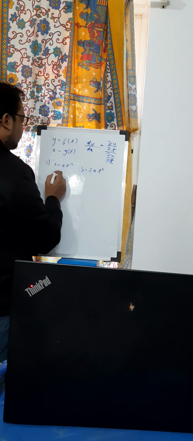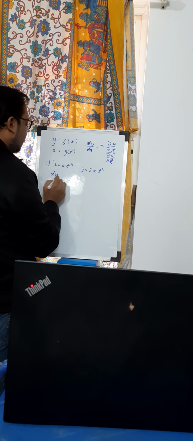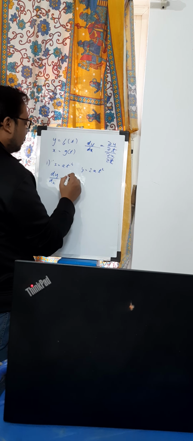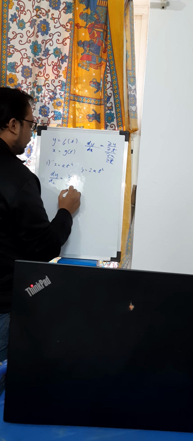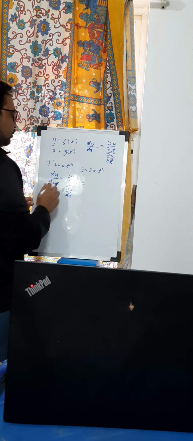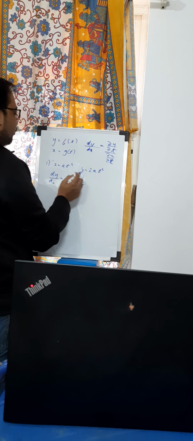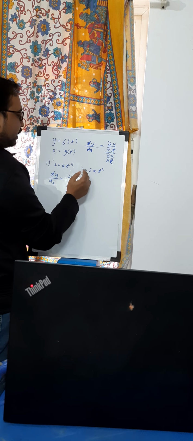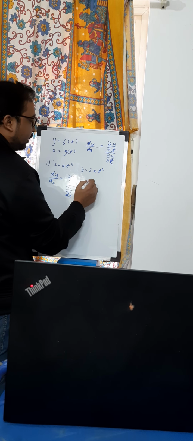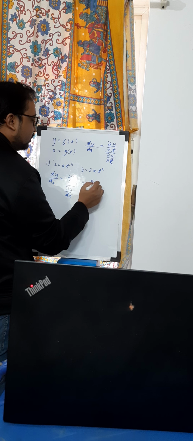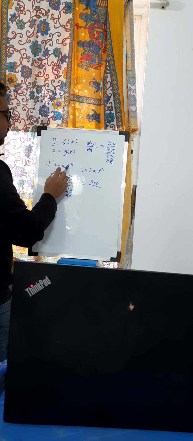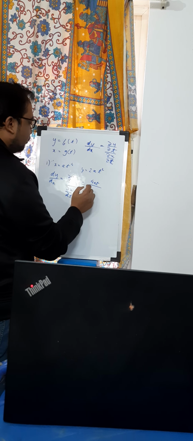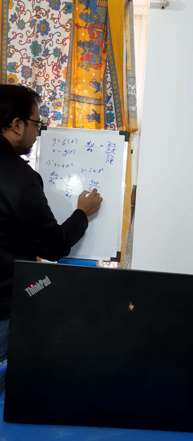And how do we find it out? We just write dy by dx is equal to dy by dt upon dx by dt. When we are differentiating 2a t square by dt, we write 4at. And then upon a t raised to power 4, so it will be 4a t cube.